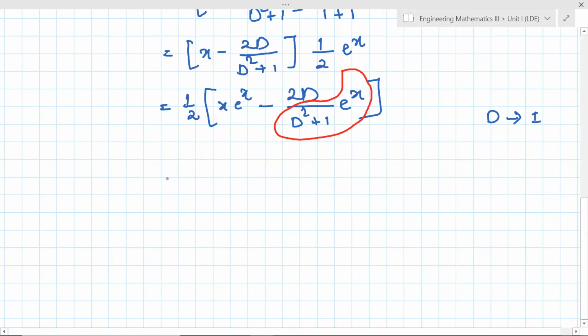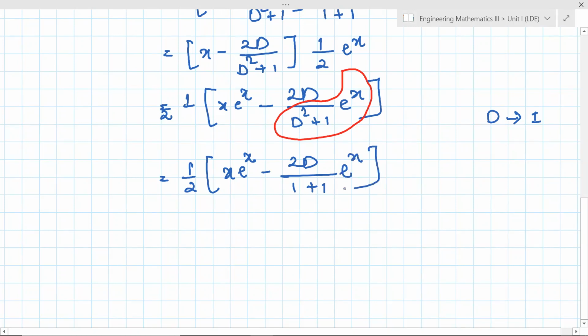Therefore this is equal to 1 by 2 as it is, x e raised to x as it is, minus 2D divided by, we are replacing D by a, D means 1, D square is 1, so 1 plus 1 into e raised to x. So this is equal to 1 by 2 x e raised to x, minus 2D divided by 2 e raised to x.